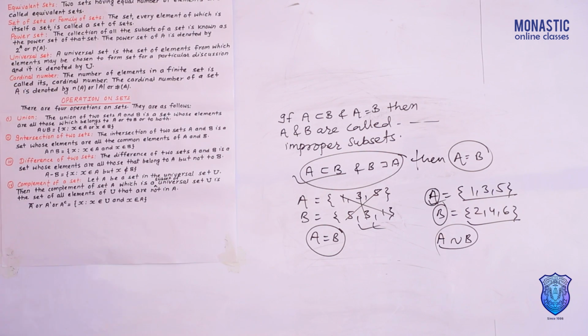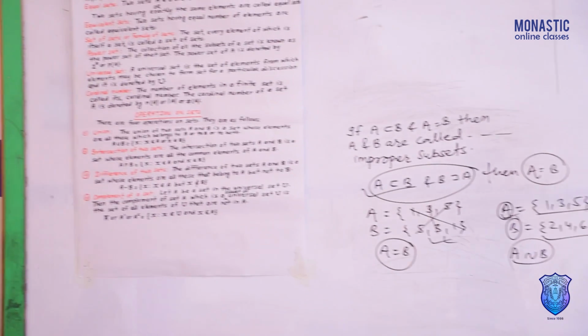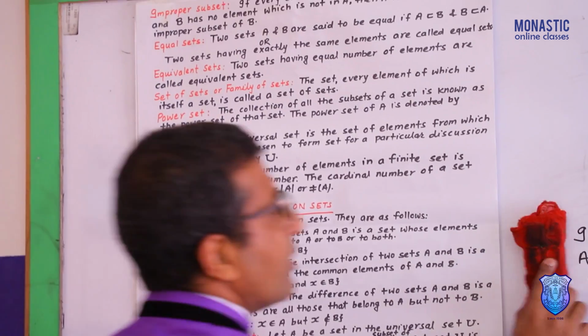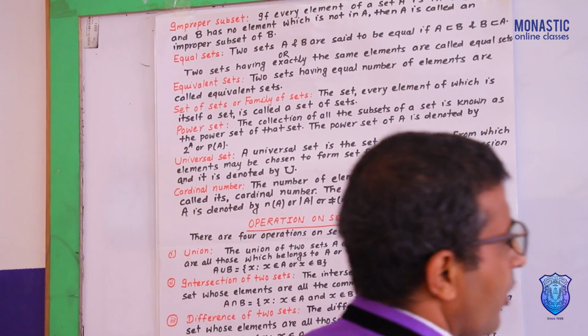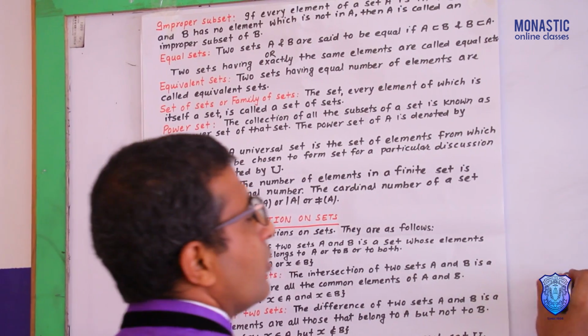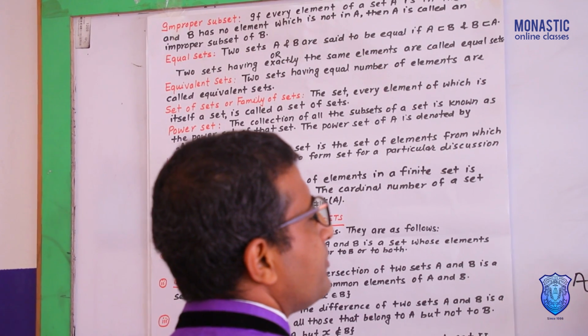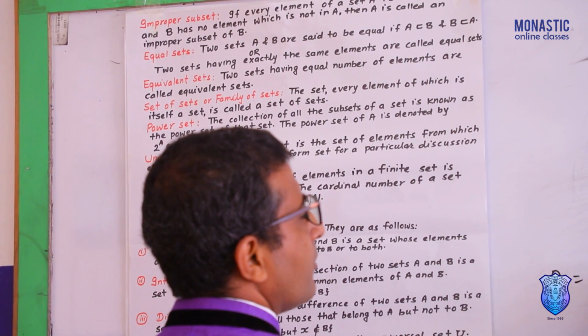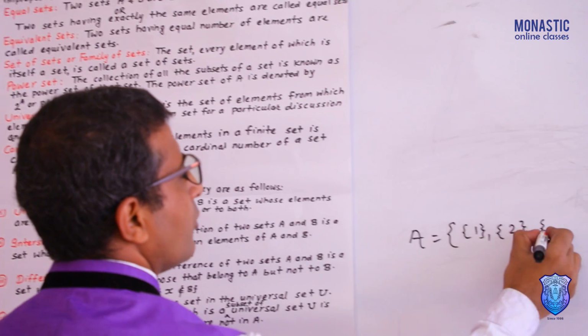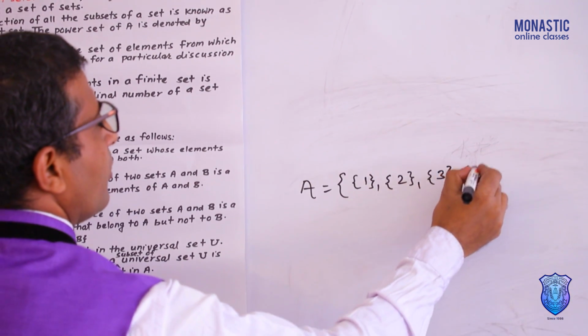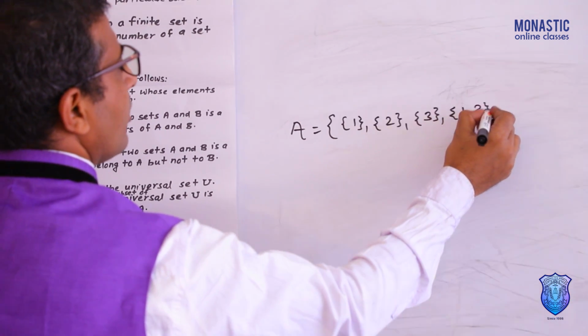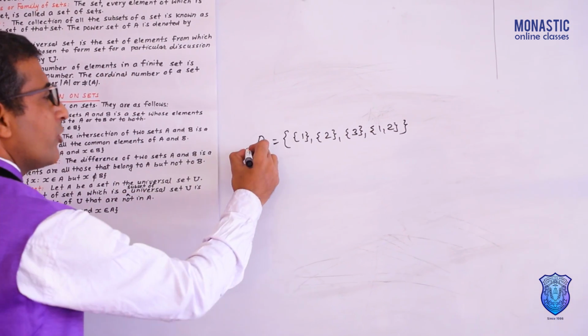Then set of sets or family of sets. When we say set of sets, go through an example. What are the elements of the set A?